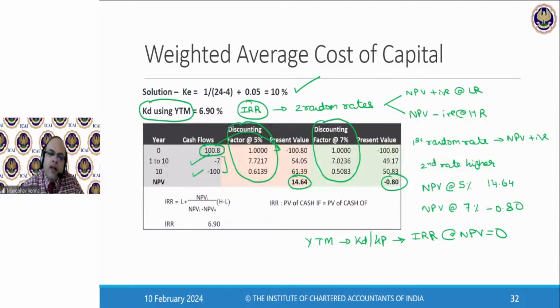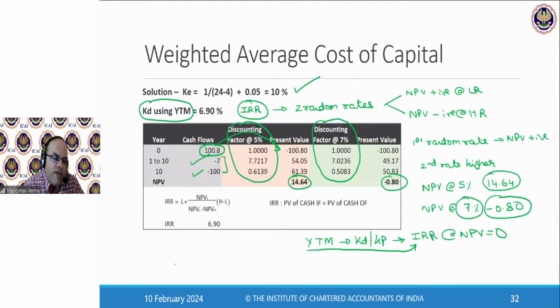I can tell you. Coming back to my concept, guys, everyone okay here that the yield to maturity method of calculating cost of debt or preference shares is telling us that the cost of equity or cost of preference shares or cost of debt is that rate at which the discounted value of the future cash flows is the current value. That means it is that internal rate of return. IRR is the rate at which NPV is zero. Having said that, one rate is giving me 14.64, the other rate is giving me minus 0.8, which is closer to zero? Obviously 7%.